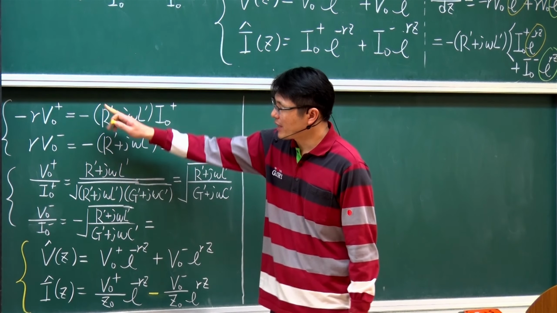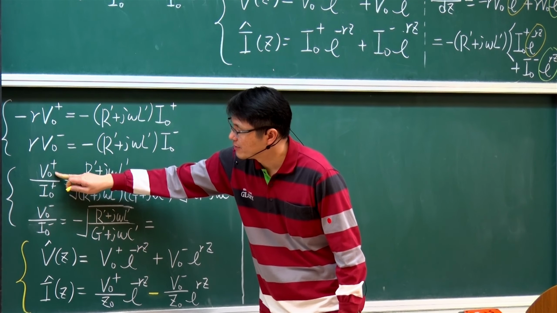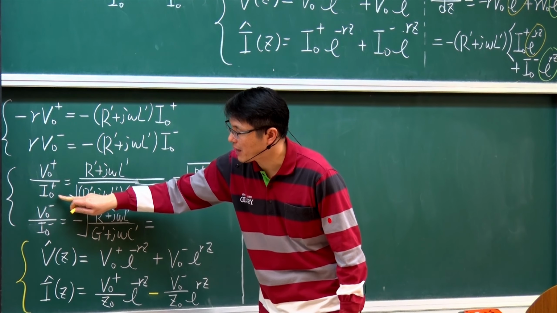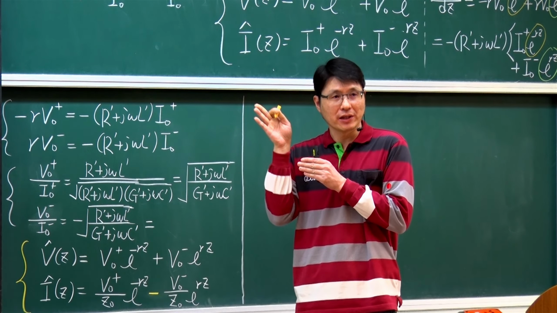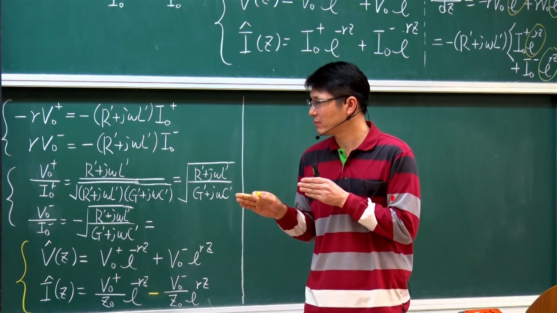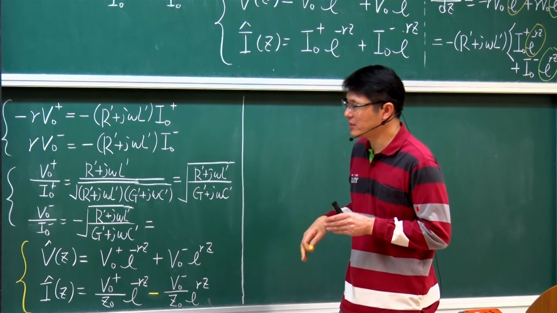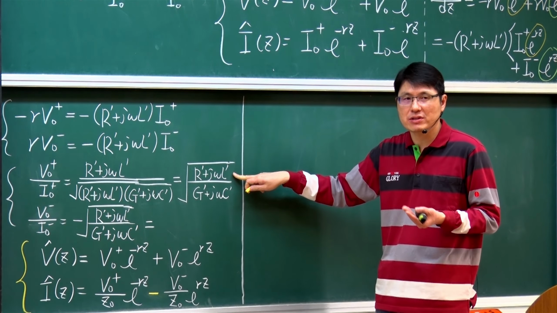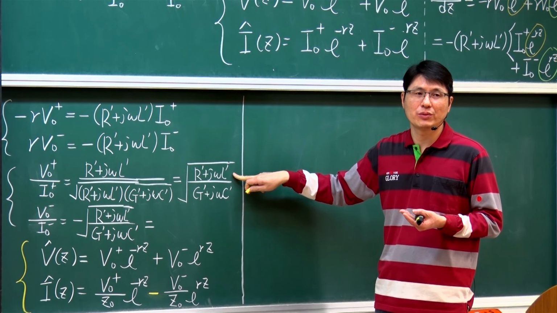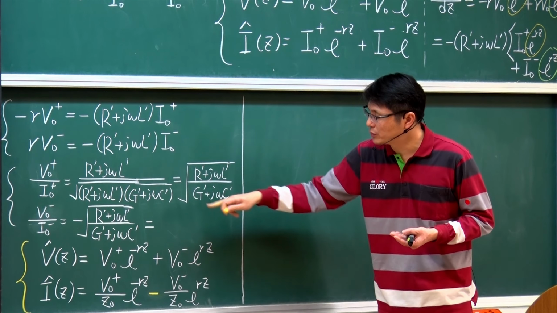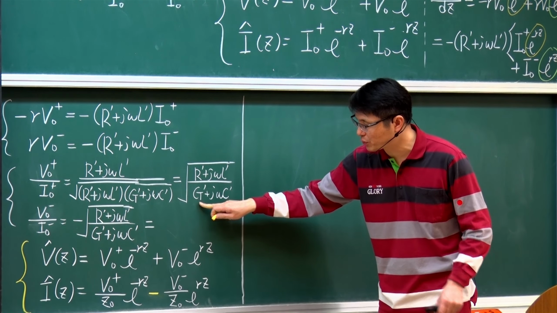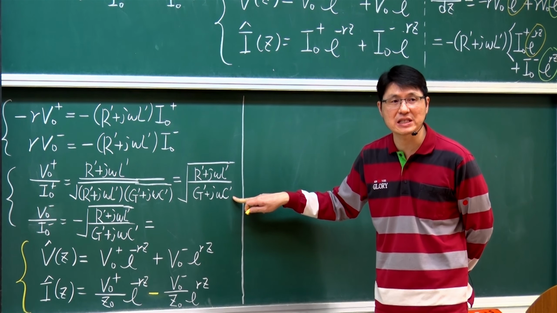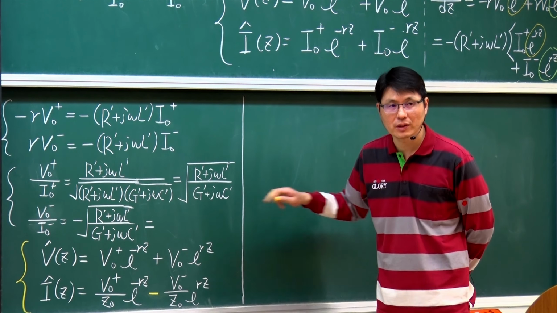So V0 plus divided by I0 plus should be my forward propagating characteristic impedance. After some messy derivation, I have a pretty nice result: the square root of (R prime plus j omega L prime) divided by (G prime plus j omega C prime).